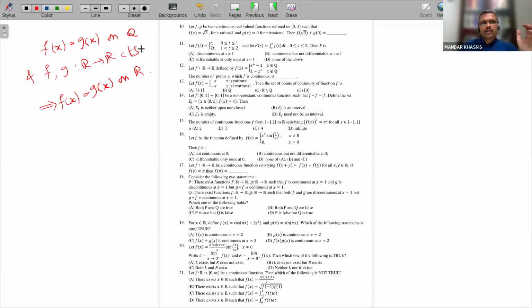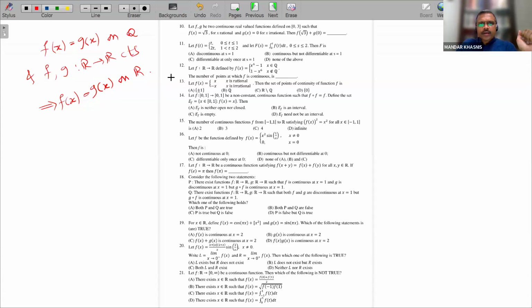Same result is available. In fact, a more general version, for those who are in TY: if f(x) is equal to g(x) on some set A, which is dense in R, and f and g are continuous, then f(x) equals g(x) on R. Okay, sir. Thank you. So Q and R minus Q are dense. Yeah, correct. Good.